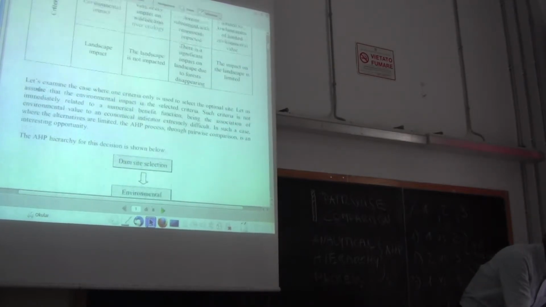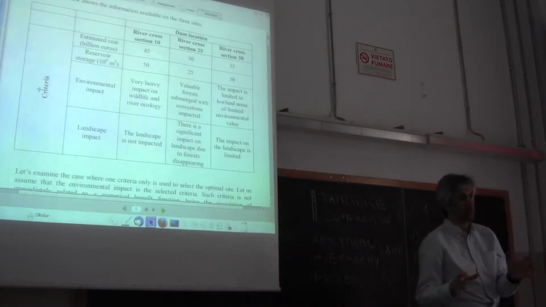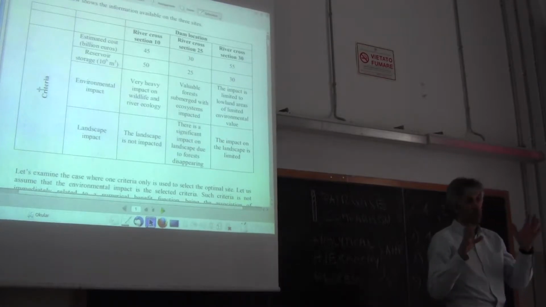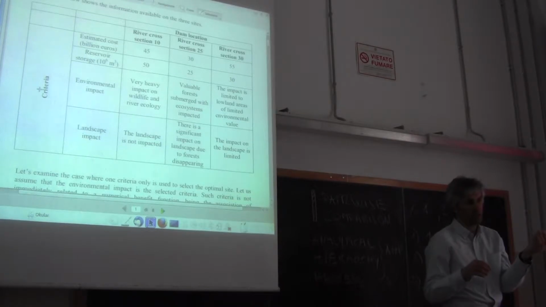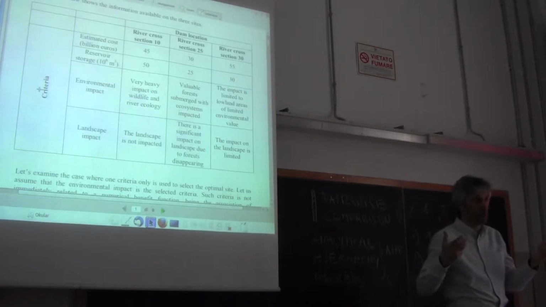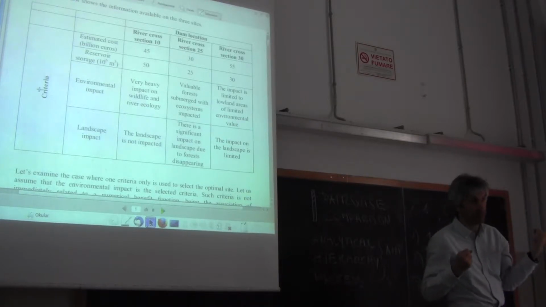So if we compare our preference in terms of environmental impact for cross-section 10 with respect to 25, what would you expect? You would expect that the ranking is below 1. So 10 with respect to 25 in terms of environmental impact would be 1/3, 1/5, because the impact is higher for 10, and therefore you don't want it.